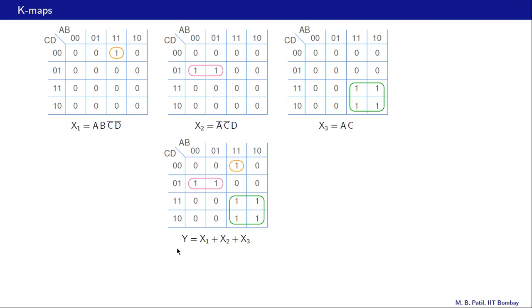So all we need to do now is to look at the position of ones in these 3 maps and just replicate those ones in the map for y. It's as simple as that. For example, this one will go here, these 2 ones will go here, and these 4 ones will go over here. And that gives us the map for the function y.